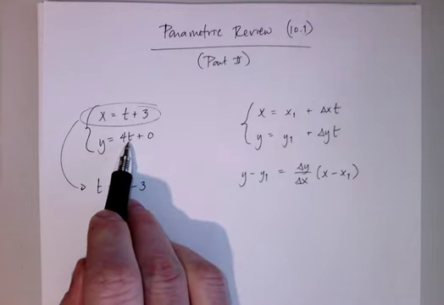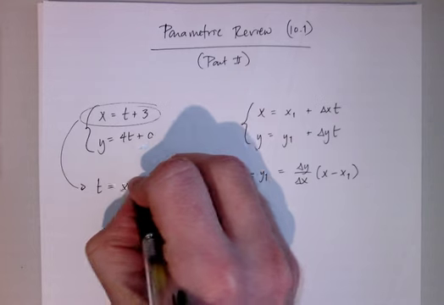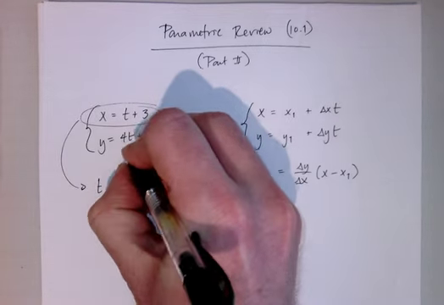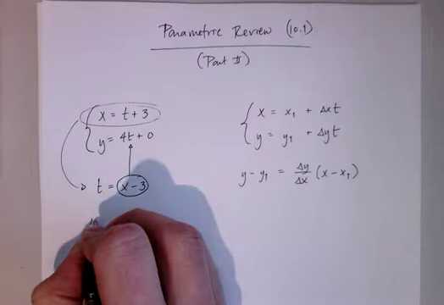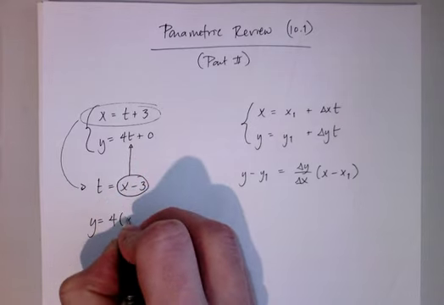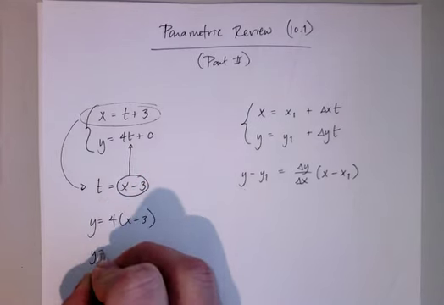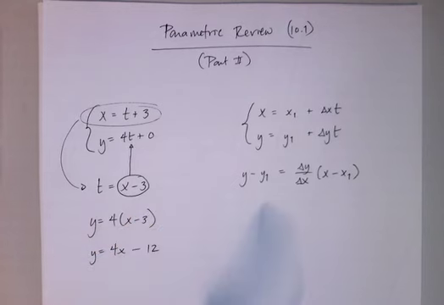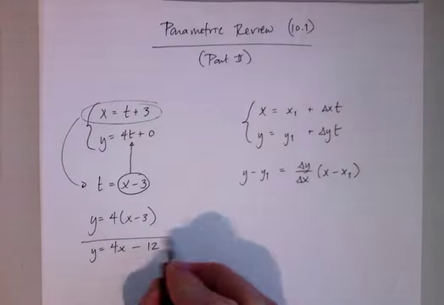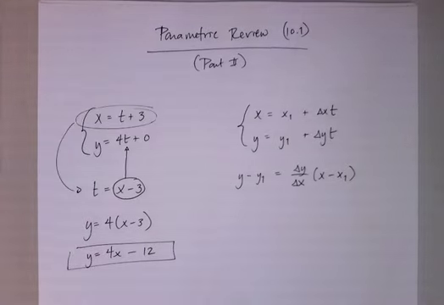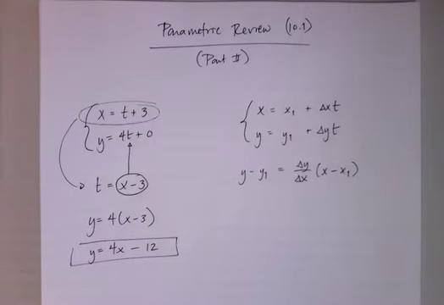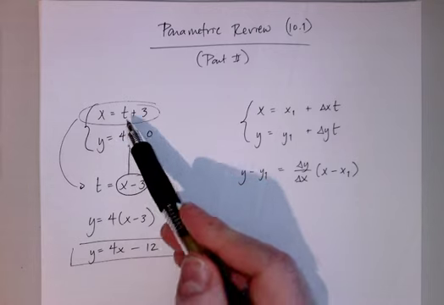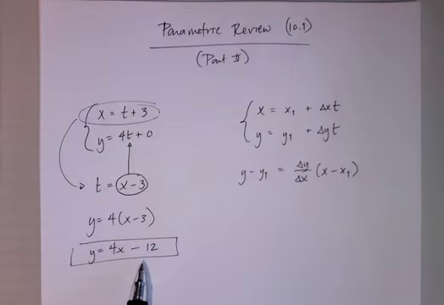The answer is yes. Because those t's are the same, we take this and substitute it in there, and we get 4 times x minus 3, or y is equal to 4x minus 12. Okay? That is eliminating the parameter. So basically you're going from x and y dependent upon t to just y in terms of x. That's just straightforward algebra 2, slope-intercept form of a linear function.